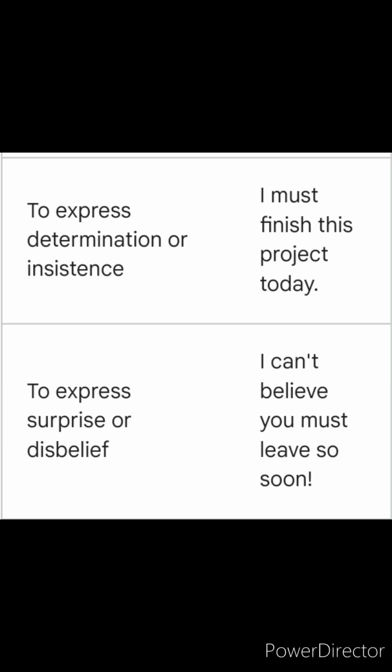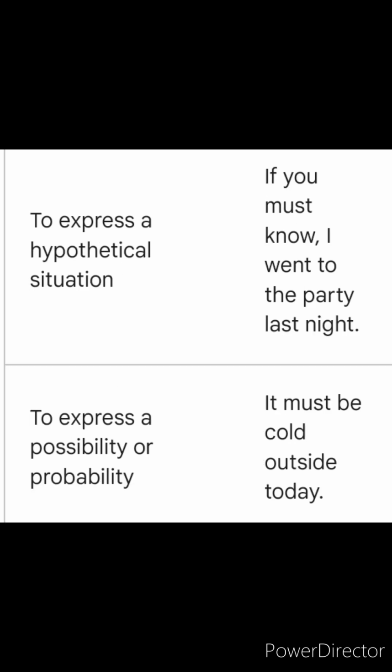To express surprise or disbelief: I can't believe you must leave so soon. To express a hypothetical situation: If you must know, I went to the party last night. To express a possibility or probability: It must be cold outside today.